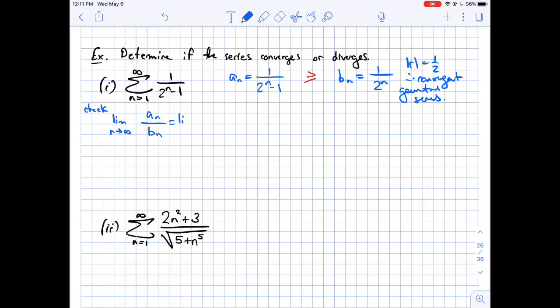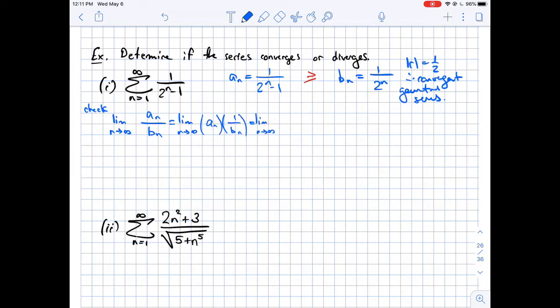Now, we're going to be doing a lot of these limits when we're doing limit comparison tests. So really, you could do the limit of an divided by bn. However, it's going to be a lot easier to always set this up as an multiplied by the reciprocal of bn. So you'll see what I mean by that in a second.